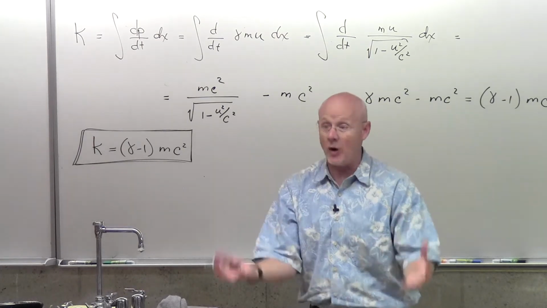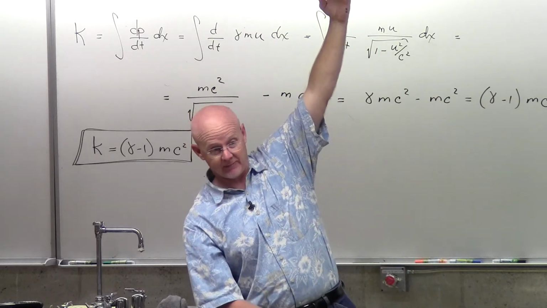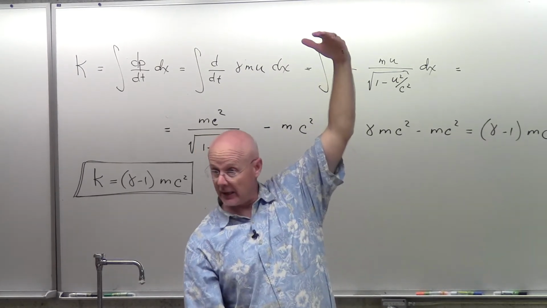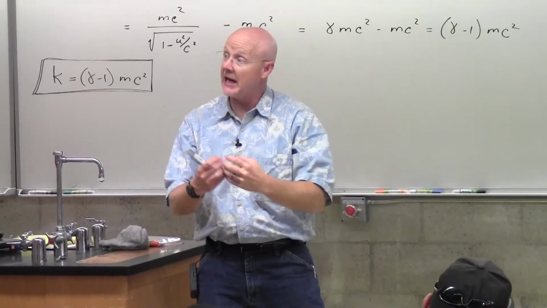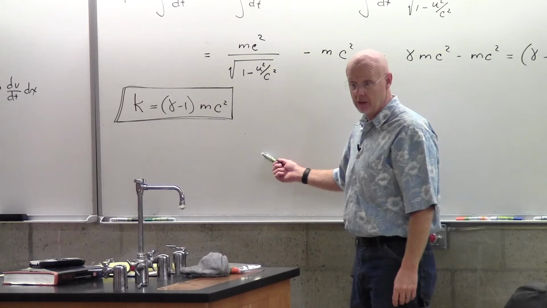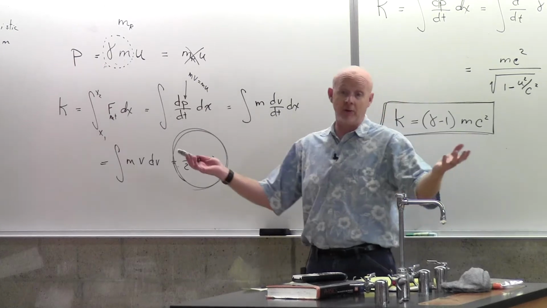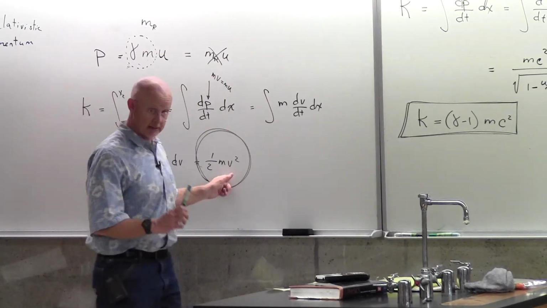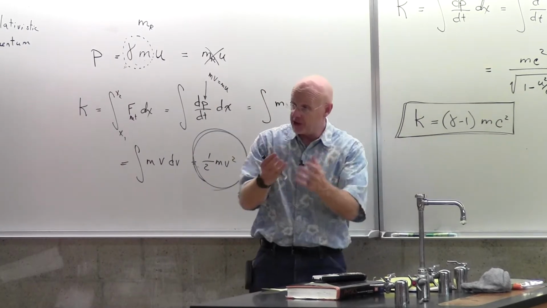If instead this was a black hole, and I drop the ball from someplace above the black hole, I would calculate the potential energy it starts with, then set it equal to its kinetic energy, and I would use this one if it is going really fast. If I didn't use this one, I might actually get a number that would be greater than the speed of light. And that's not going to happen, because this one doesn't allow it to go greater than the speed of light. And that's kind of the first thing I want to discuss here.